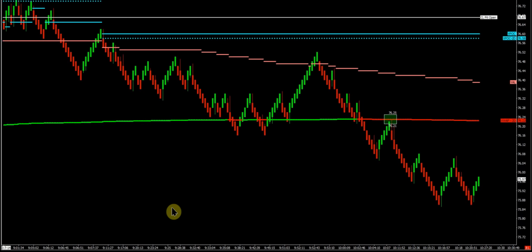So if you shorted it coming down here, or shorted it coming back up here, 76.21 to 76.25, or 76.22, 76.21, right in there somewhere, you short that because it comes through, back up to retest it, and then down, right?